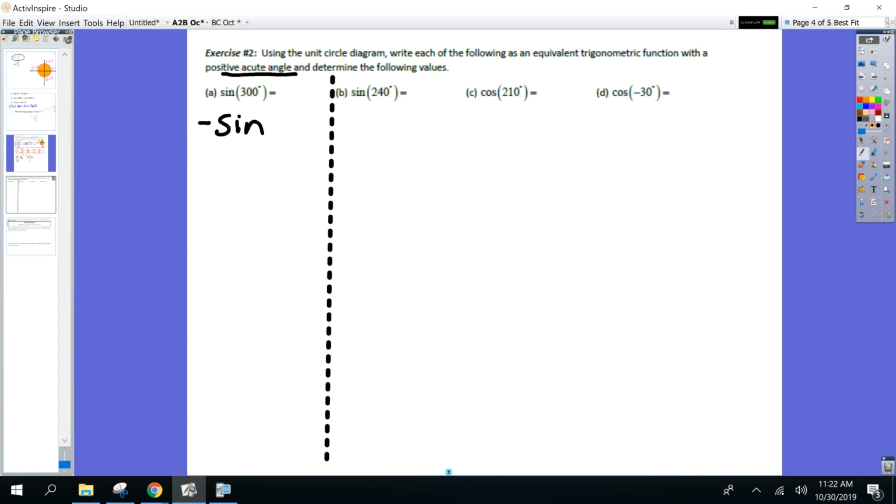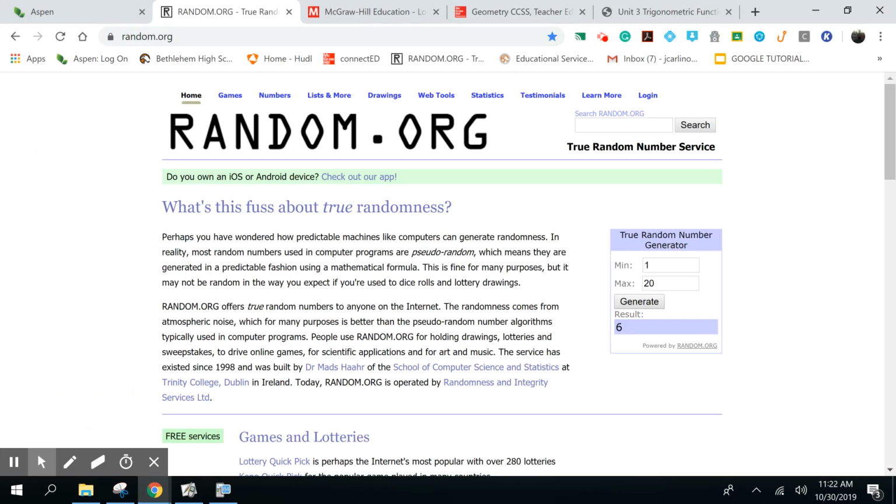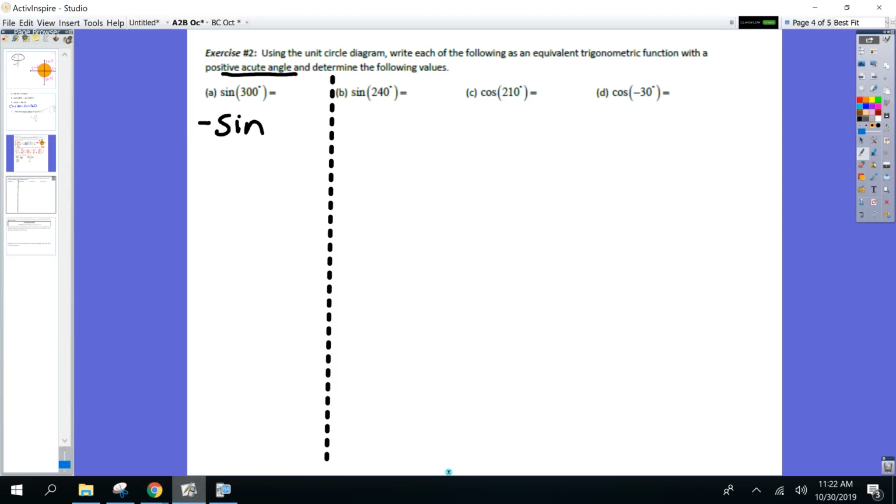What am I really looking for if I'm looking for an angle less than 90? That's another way of saying find the acute angle, the reference angle. 300 degrees, what is my reference angle? 60. Okay, so there is job number 1.